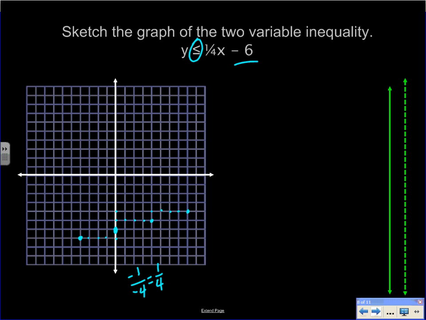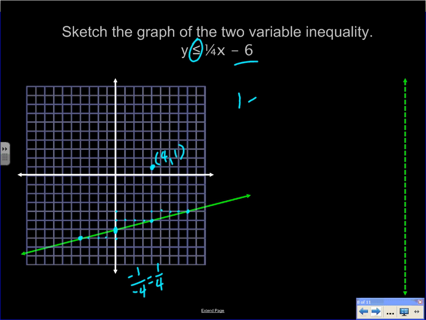Let's look: solid or a dashed line? We have a solid line. And which side of the line are we going to be shading? I'm going to pick the point 4, 1. Plug it in.